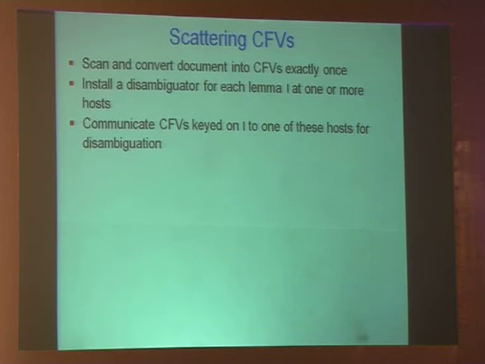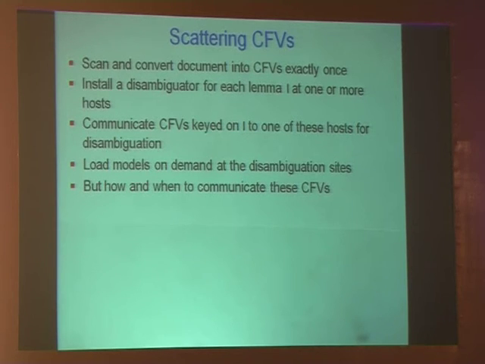It is predetermined which hosts will load which disambiguators, and once CFs are generated, they will be transmitted over the network to those particular hosts, which load models on demand and disambiguate the CFs.